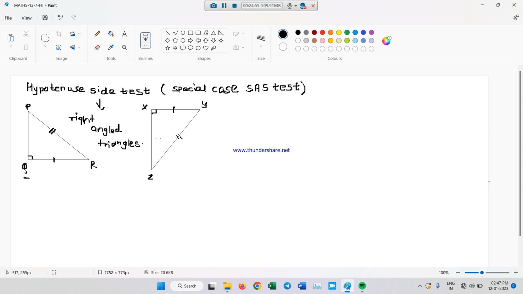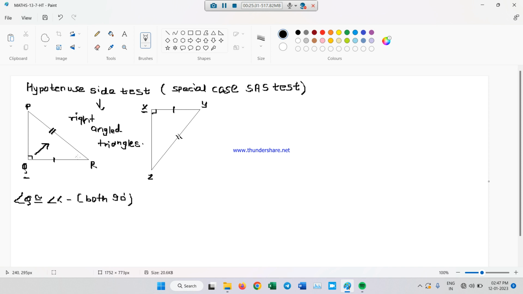Then, since there is a hypotenuse, what is a hypotenuse? We know that the side opposite to the 90 degree angle is called the hypotenuse. So here PR, which is the hypotenuse of the first triangle, and YZ, which is the hypotenuse of the second triangle, are equal. So the hypotenuses are equal and remaining two sides are there.